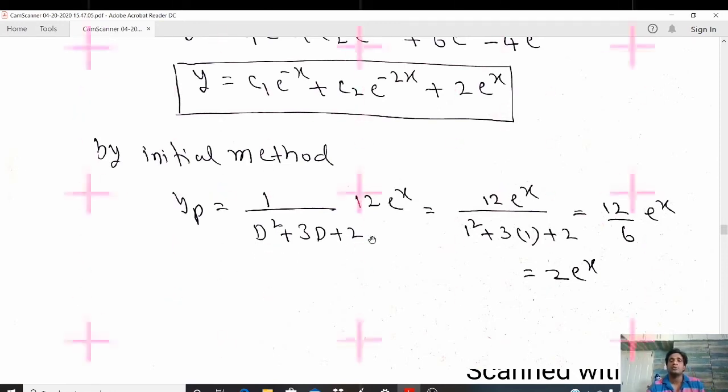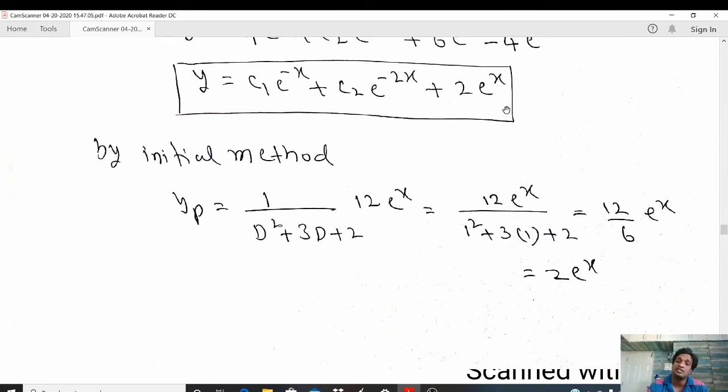Here if you substitute 1 instead of d, it won't be 0. 12 e power x by 1 square plus 3 plus 2. So the value becomes 12 by 6 e power x, that is 2 e power x, which is the same as 2 e power x. Okay. That means even if you do it by variation of parameters or any other method, the value is the same.